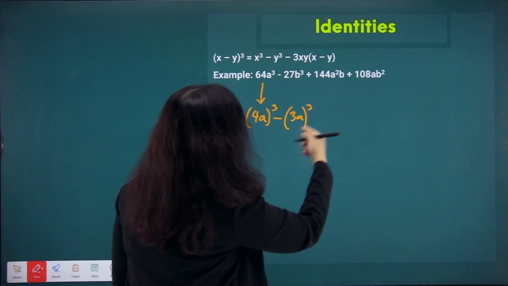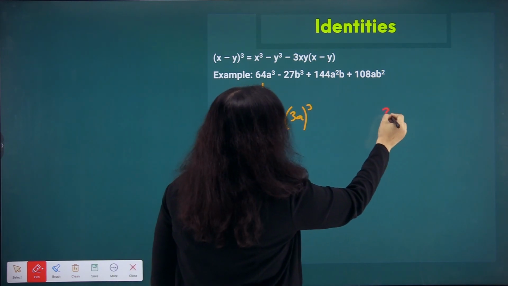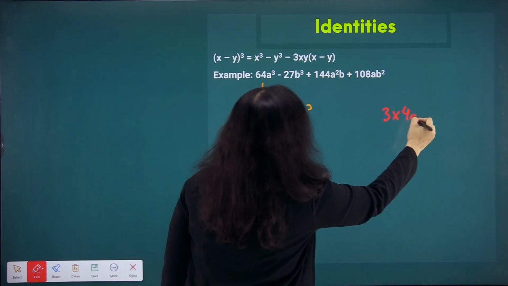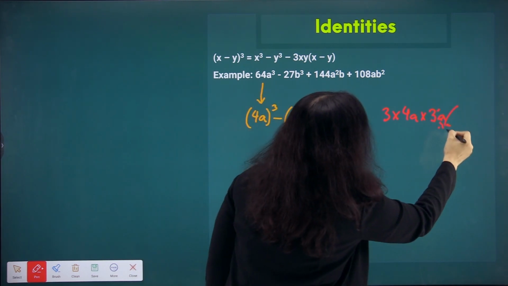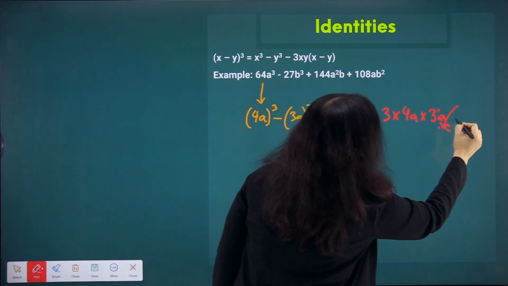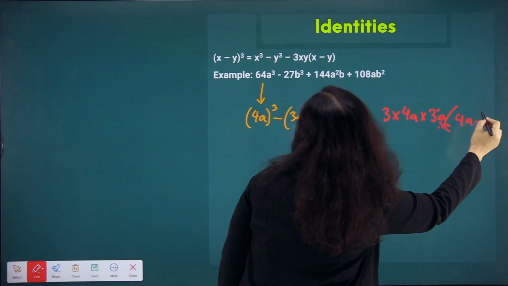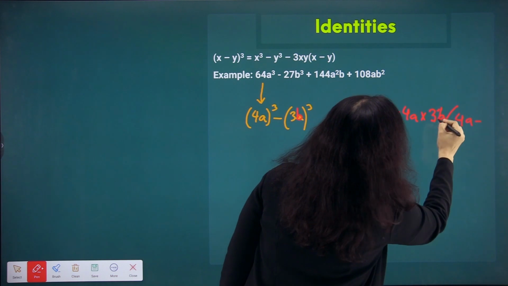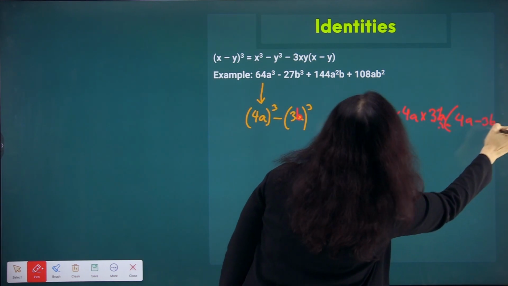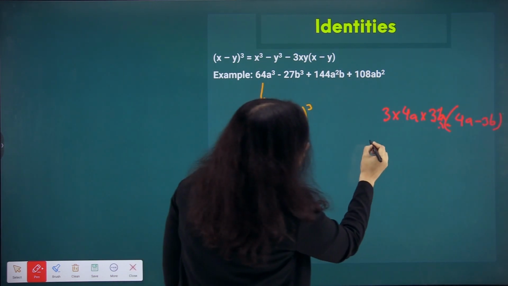I will first check whether 3 into 4a into 3b multiplied with 4a minus 3b is giving me the same result or not.